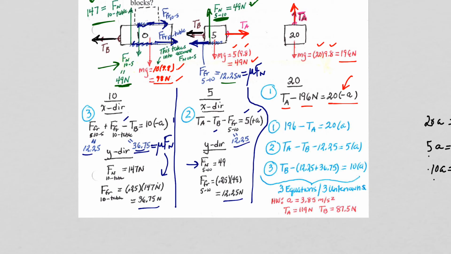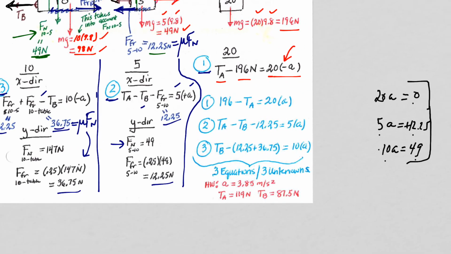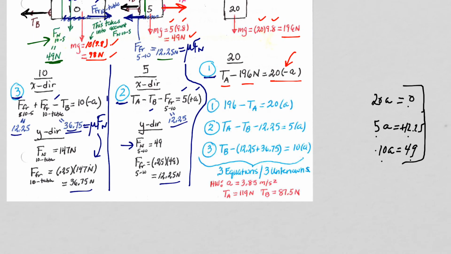And that is it in terms of equations and unknowns, because we have the 1, 2, and 3 that I have circled here. 3 equations, 3 unknowns. Tension A is unknown, tension B is unknown, and the acceleration is unknown. So those are my 3 unknowns, and you will be able to solve them by watching the YouTube video and utilizing the matrix on your calculator.